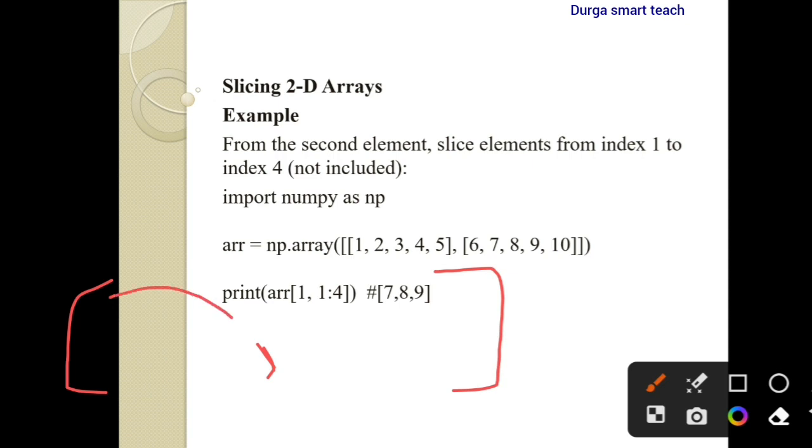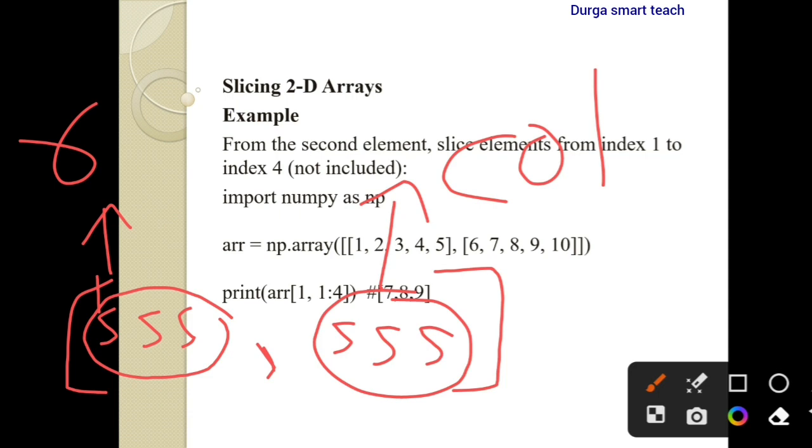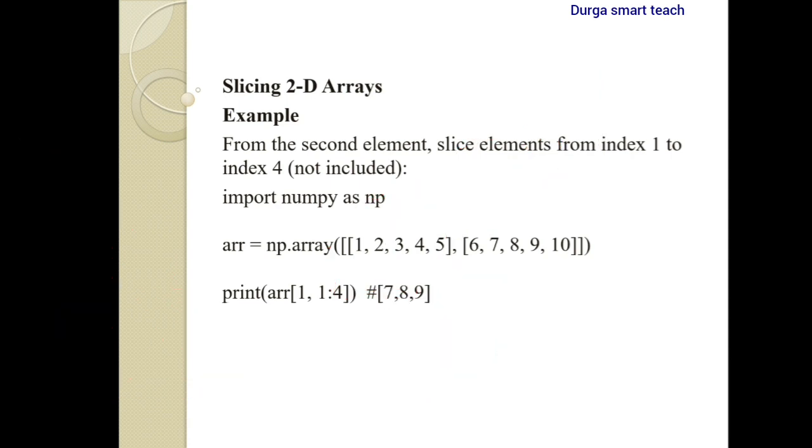Here it contains start, stop, step, and here also it contains start, stop, step. This is for rows and this is for columns. So rows starting, rows stopping, rows step, column starting, column stopping, column step, like this. The first partition is used to represent rows and the second partition is used to represent columns.